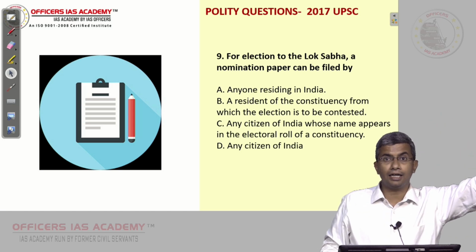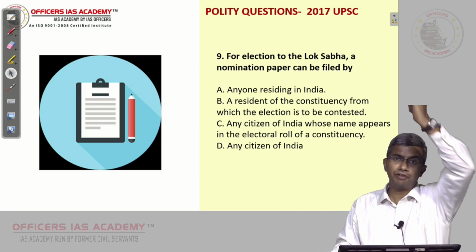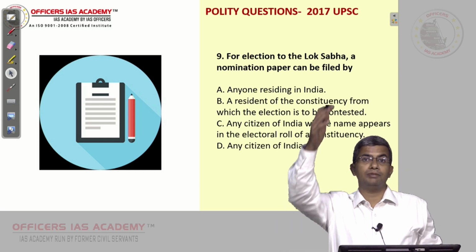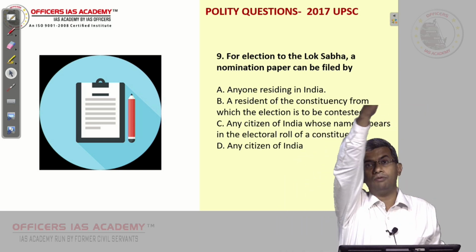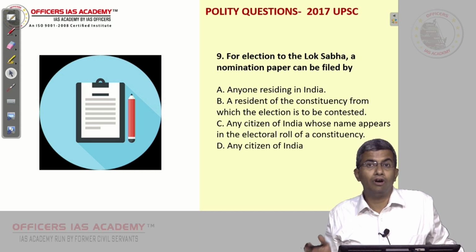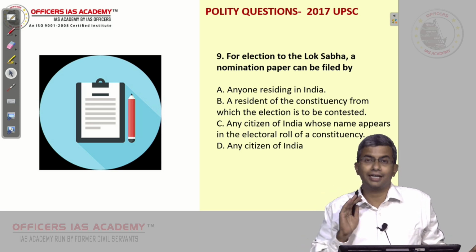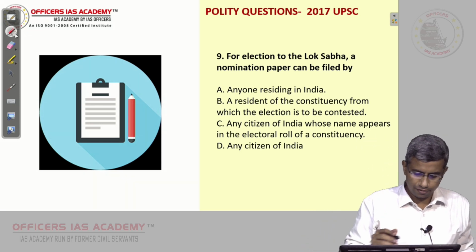That is why he is an elector in Gandhinagar, in Ahmedabad, in Gujarat, but he is contesting from Varanasi. Or for that matter, Mr. Rahul Gandhi contested from Wayanad while he is an elector from Delhi. So you will have to be an elector in any constituency, then you can contest a Lok Sabha election. So the correct answer for this is C, right?